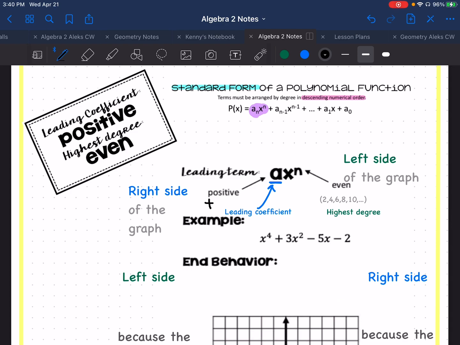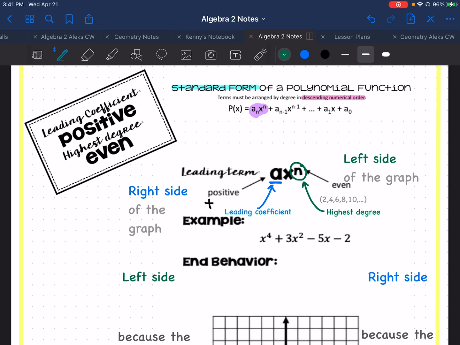Okay, positive 2, positive 3, positive half. It doesn't matter what the number is, it just has to not have a negative sign. And when the degree, which is right here, when its highest degree is even, 2, 4, 6, 8, who do we appreciate? And so on and so on.